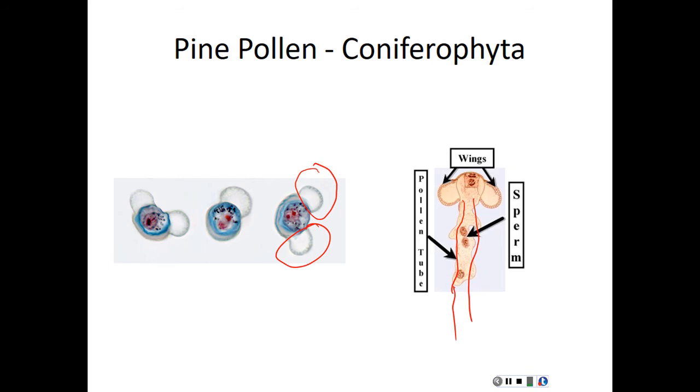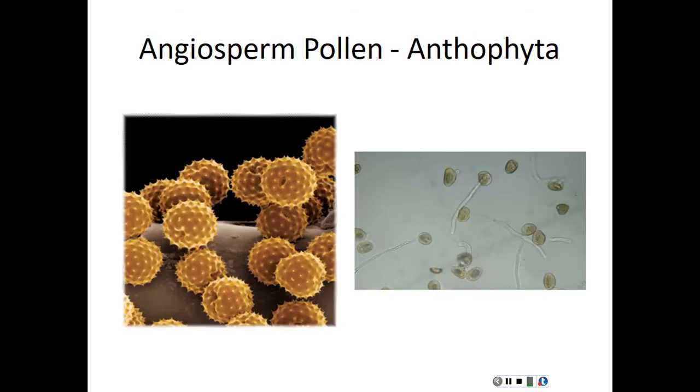That's a really big deal if you want to be terrestrial, because there's not always water readily available. Now, yes, they're a plant. They still need water to live, of course, but they don't need it to complete their reproductive cycle, and that's a pretty darn big deal. Also, within the pollen grain, we're going to find cells that are going to give rise to the sperm. So sperm cells will also be produced, and these will be traveling down this pollen tube to reach the egg.